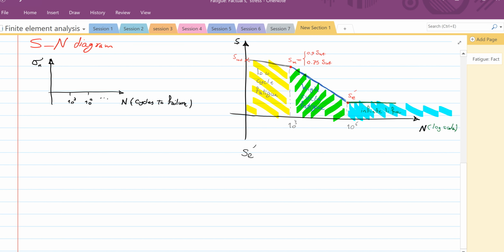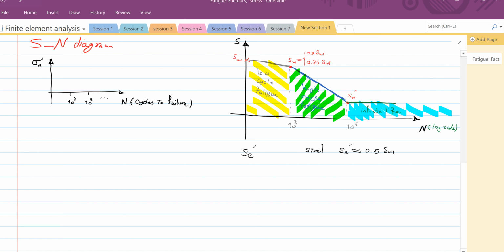That is why when you design something with cycling loading, you need to consider much lower stress for your design stress. Usually, for example, for steel, SE prime, we consider half of ultimate stress.